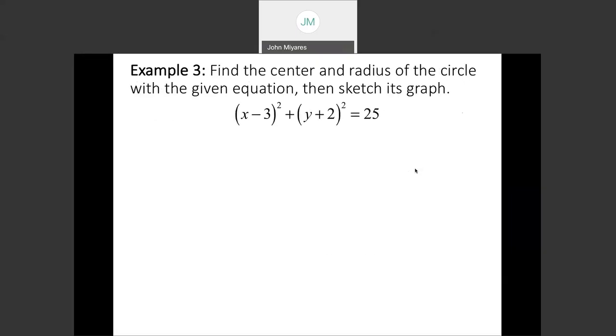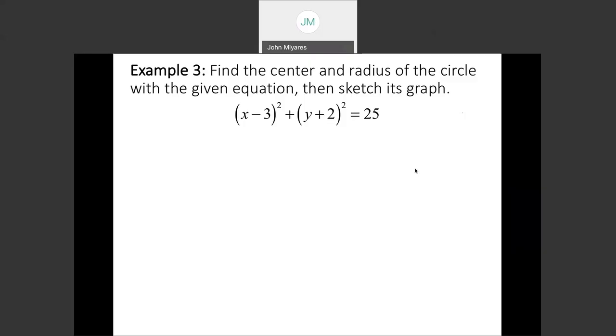In this example, we're going to work backwards, where we are given the equation of the circle and asked to find the center and radius. In this particular problem, the equation is already given in standard form, x minus 3 quantity squared plus y plus 2 quantity squared equals 25.